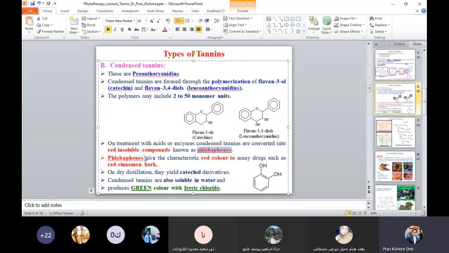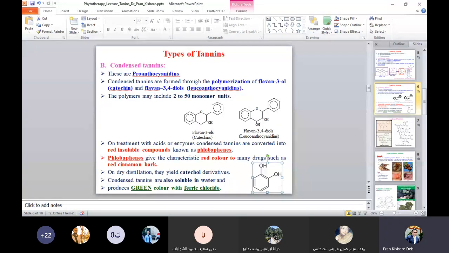Okay, these phlobaphenes give characteristic red color to many drugs, such as cinnamon. The cinnamon bark, right? The color of the cinnamon is because of the phlobaphenes. Remember this. Good point for MCQs. And on dry distillation, they yield catechol derivatives. This is the catechol, okay, as a metabolite.